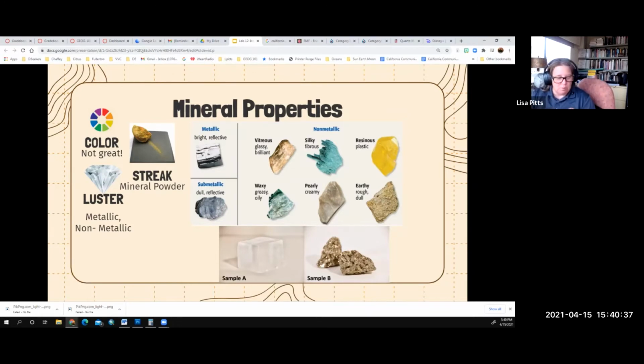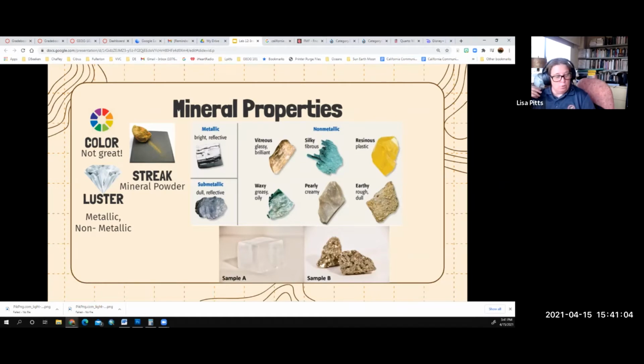Pearly looks like a pearl. And then there's one they call resinous. It looks more plastic than glass. It's still got that shiny, glittery appearance, but it's not like glass. It's more like plexiglass, a little more cloudy, but still shiny and not creamy or pearly.